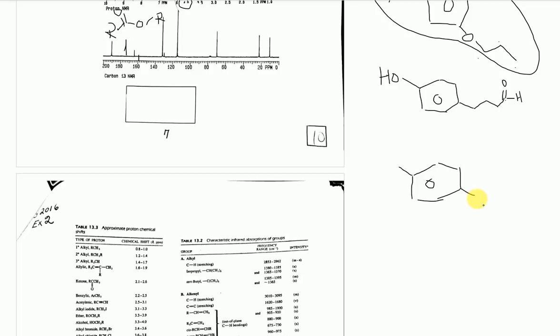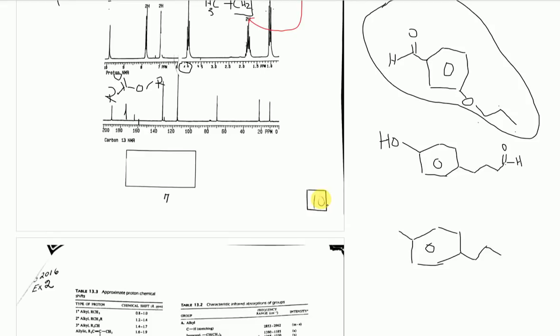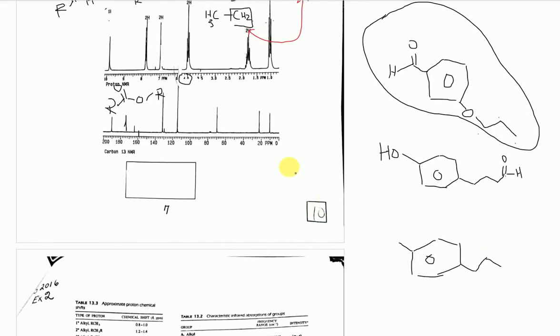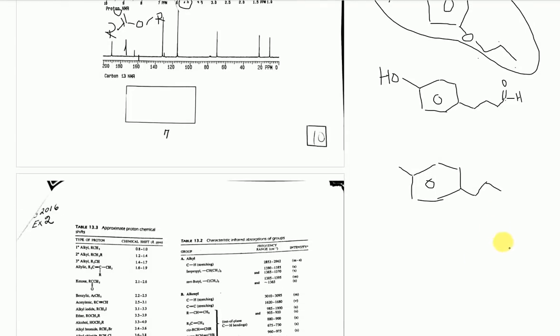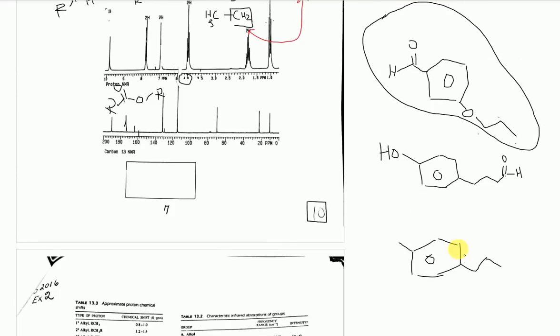Well, let's say I make an ester, right? So I have that CH2, I have that CH3. The problem is with the CH3, that's where the issue comes in. I can't have a CH3 if I have the aldehyde here too. And we talked about already that these three groups need to be next to each other.